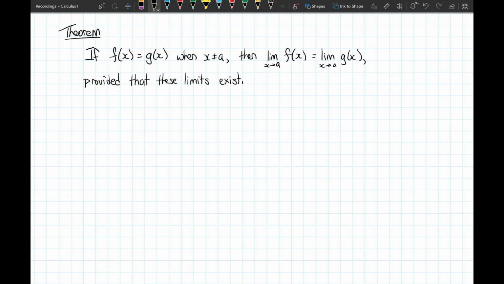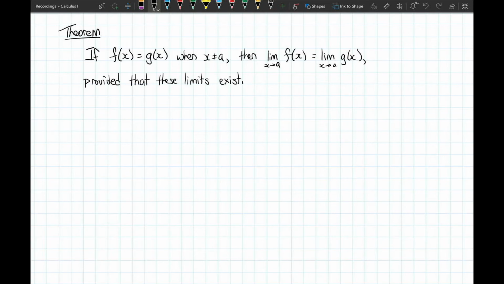The only difference between these two functions is perhaps at the value x equals a. The two functions are exactly the same, except that we may have one function, let's say, is not defined at a, and the other one is defined at a. Now, if you have that kind of circumstance, then the limit as x approaches a of f and g are the same.